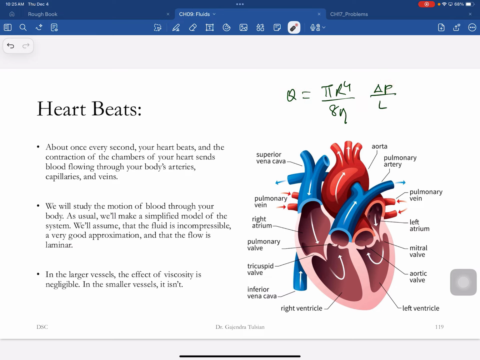So the pressure drop from the heart to your arm is, like I said, only 1 millimeter because that tube is pretty wide. The brachial artery is wide.